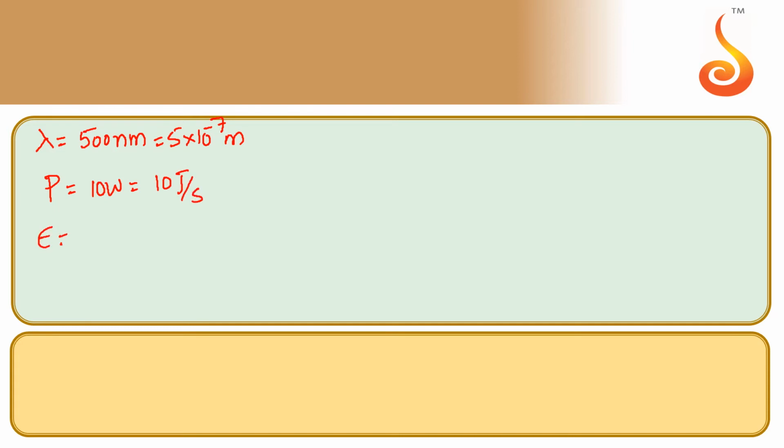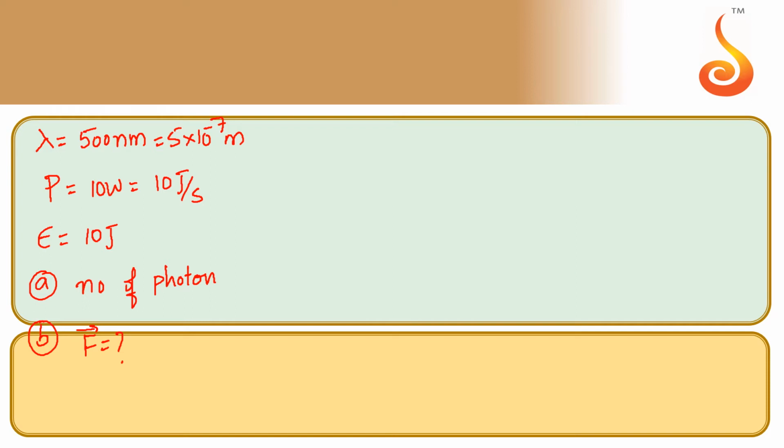That means the energy of the total light is 10 joules, and it is a completely absorbing surface. So we need to calculate the number of photons carrying 10 joules of energy, and in option B, we need to calculate the force exerted.